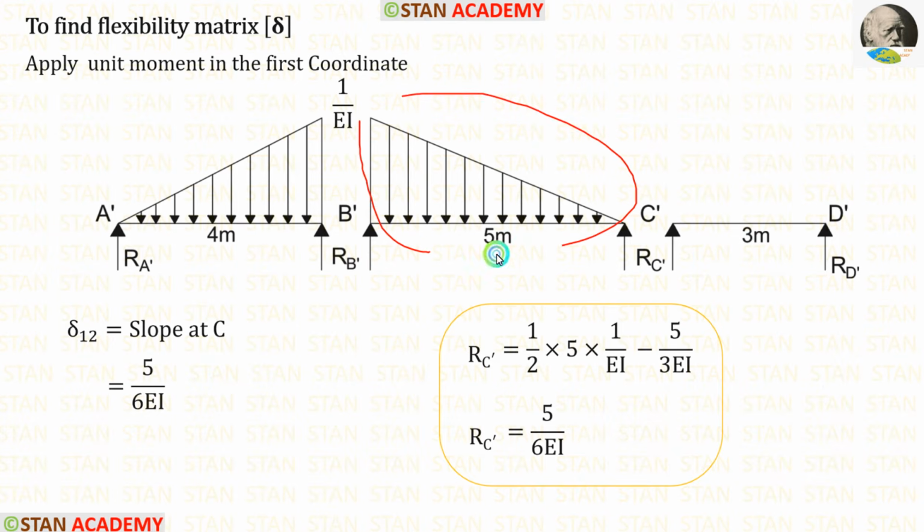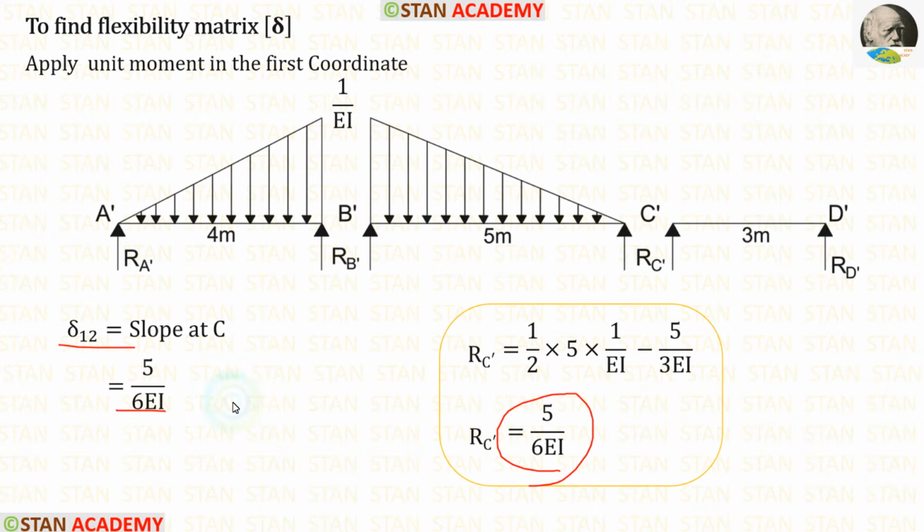Here the total load is the area half into 5 into 1 upon EI. The total load minus RB dash which we calculated in the previous step. We will get RC dash which is equal to 5 upon 6 EI. Let us apply this value for delta 12.